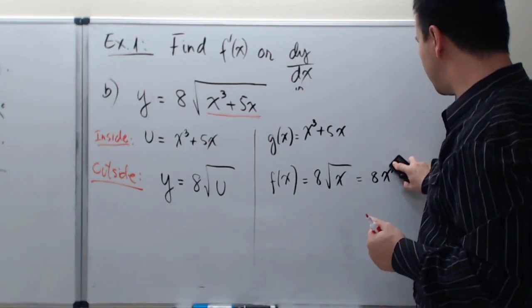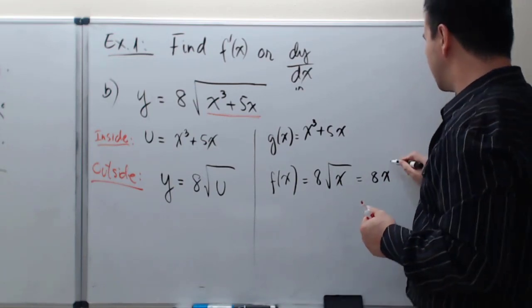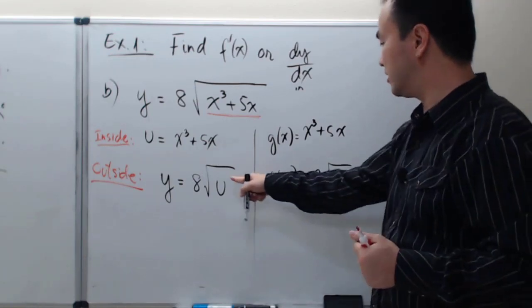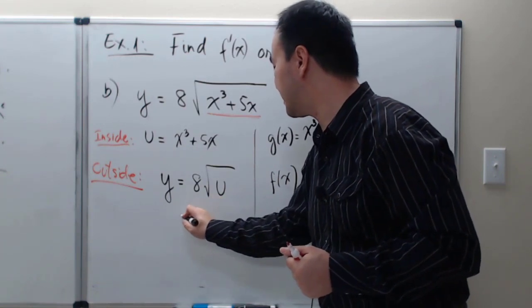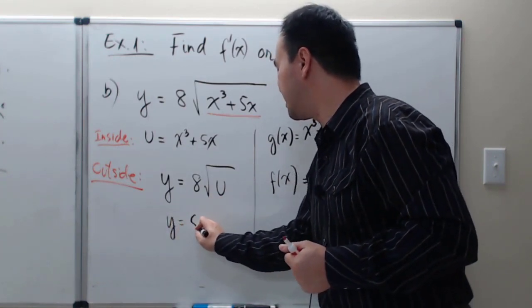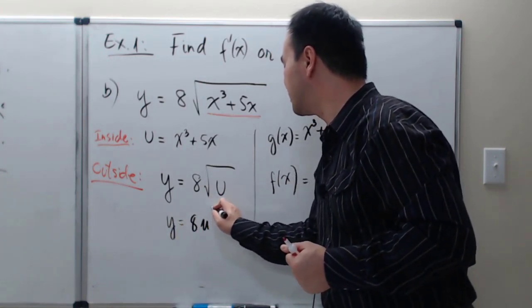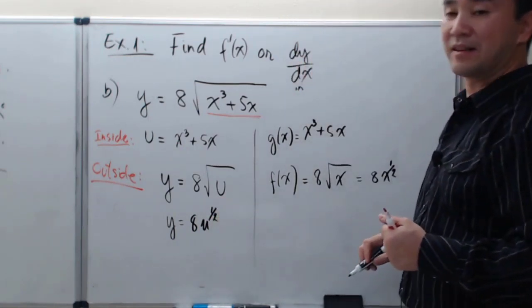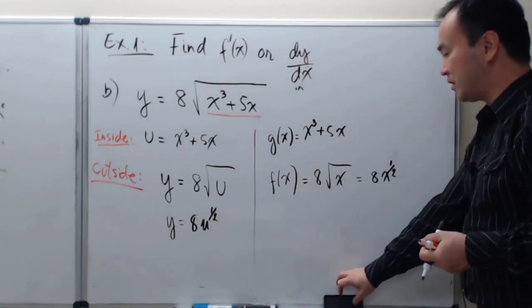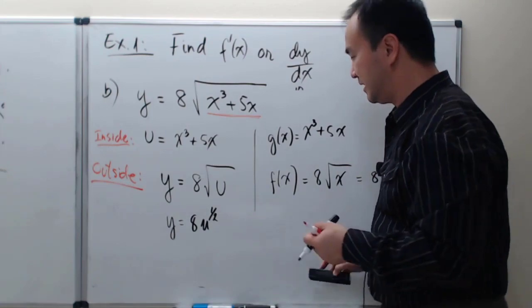The same goes with the u variable: we can rewrite this as y equals 8 times u to the power 1/2. Now we are ready for finding the actual derivative.